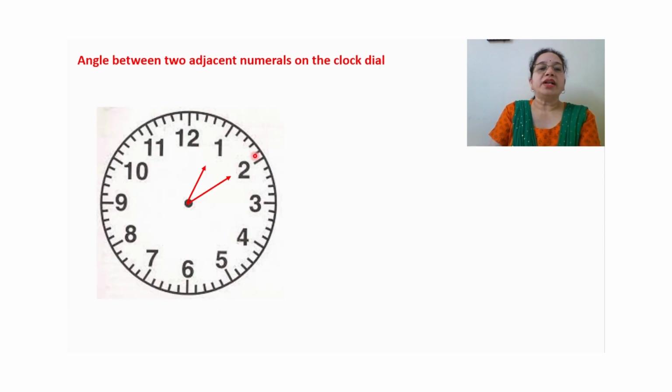Angle between two adjacent numerals on the clock. Here you can see the clock. So what is the angle between any two adjacent numbers, that is between 1 and 2, between 2 and 3? We know that the angle around a point is 360 degree. Here you can see that the total number of parts are 12.